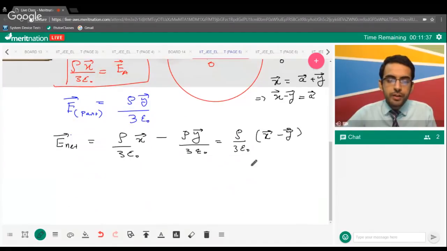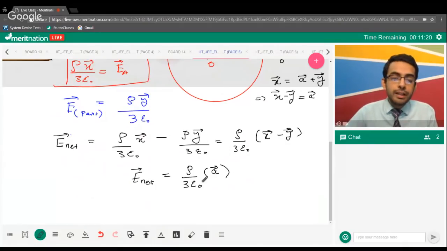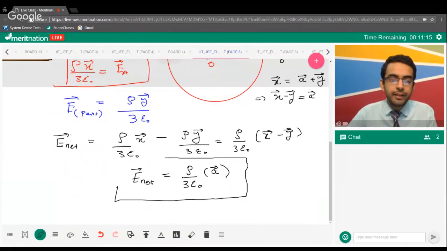So this means E net becomes rho by 3 epsilon naught into A vector. It's a constant. You see the electric field has a constant value inside the cavity.